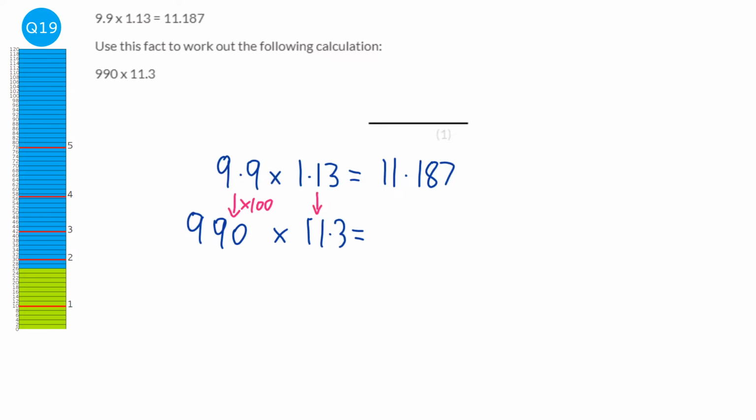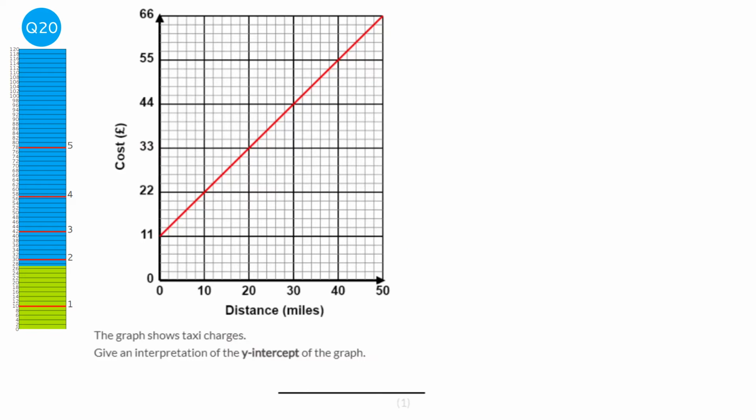And all we've done here is we've times it by 10. So what have we got to do with our answer? Well, we've got to times it by 100 and times it by 10. In other words, we've got to times it by 1,000. And so we're going to times this by 1,000 and we'll get 11,187 as our answer.